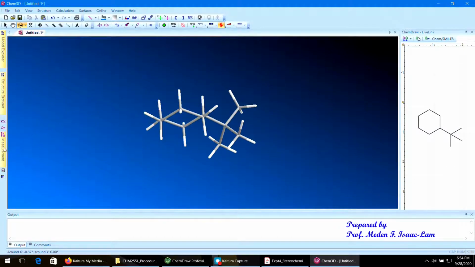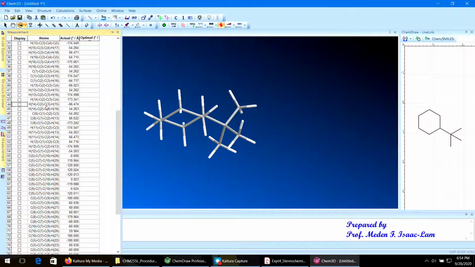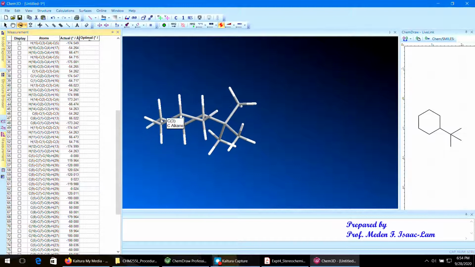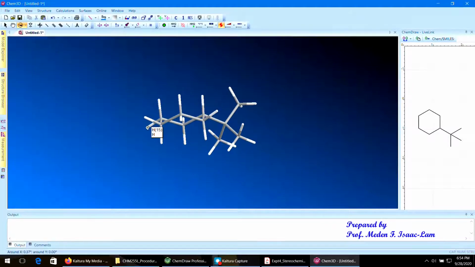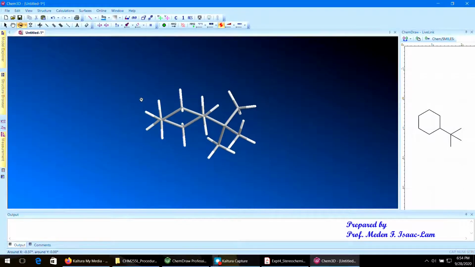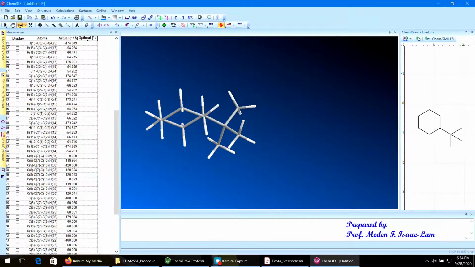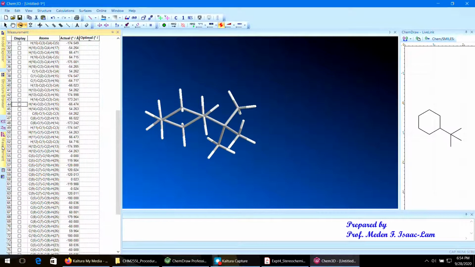So now if you go back to the measurement, you look at H14 bonded to C2, bonded to C3 behind, and then H15. So now to the measurement, okay, I highlighted it here. Okay, so now if I click check, that's gonna be our dihedral angle.